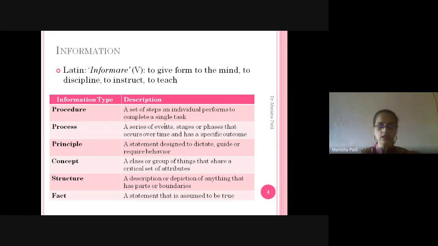Then the procedure. What you will do first, what you will do second, what you will do third, what you will do fourth. So it is a type of information. It is called procedure.